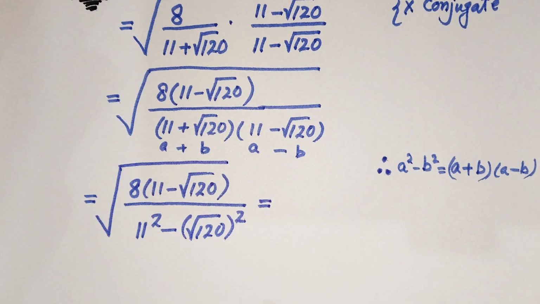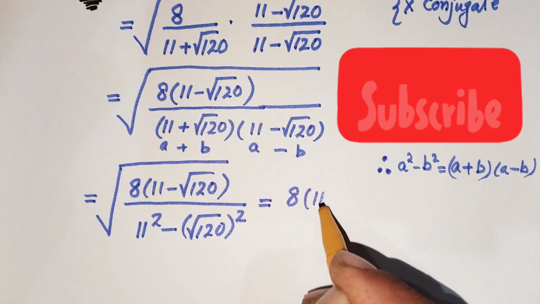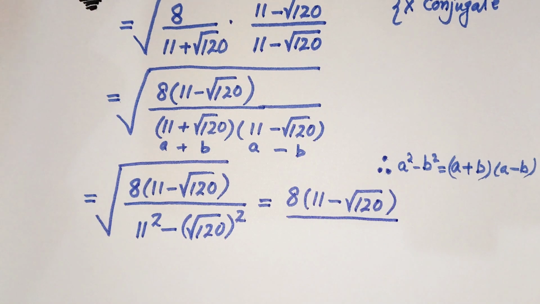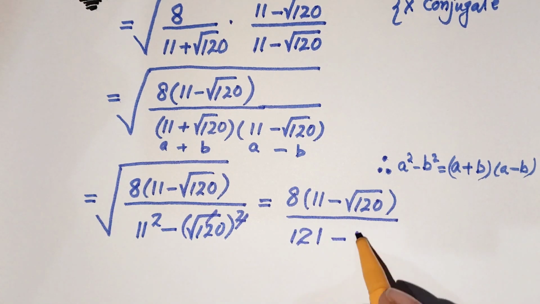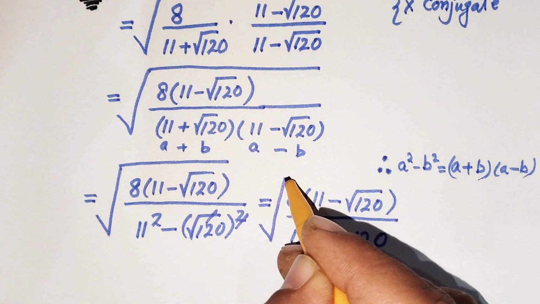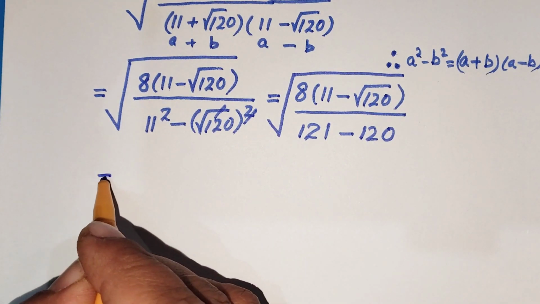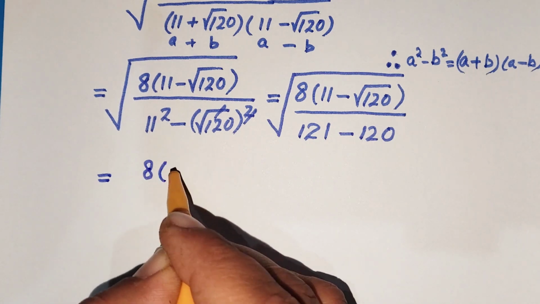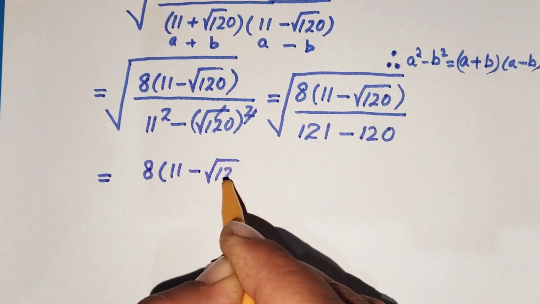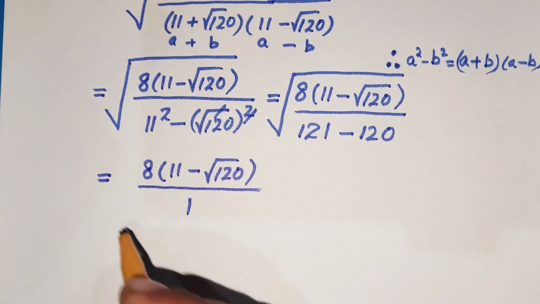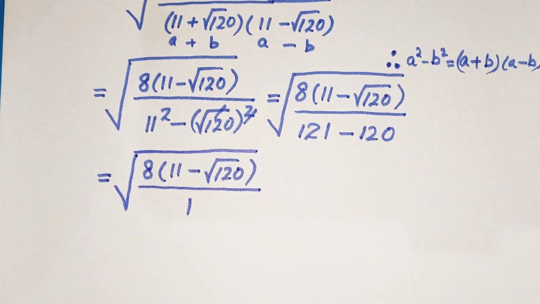So our next step is 8 times 11 minus the square root of 120 over, now cancelling the square with the square root, 11 square is equal to 121 minus 120. So our next step is 8 times 11 minus the square root of 120 over 121 minus 120, we get only 1.